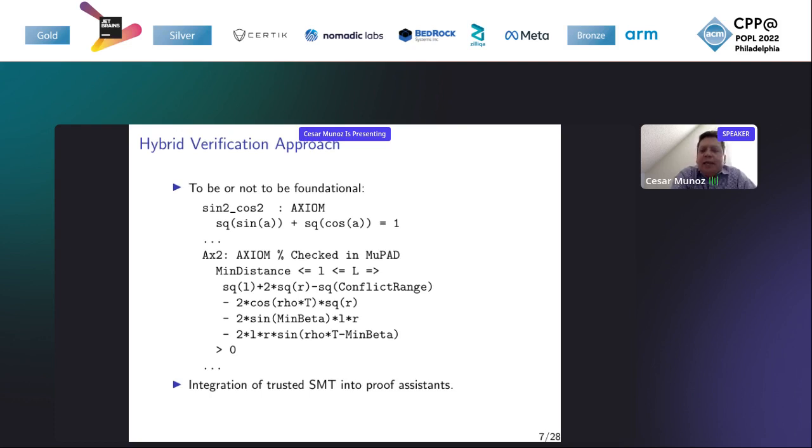And then the other aspect of hybrid is that we started to mix trusted and untrusted systems in our verification. We trust PVS, we don't trust MuPAD, but we needed these untrusted oracles in order to make progress, and we decided to do that. However, as SMT solvers were evolving, it was clear that it was necessary to integrate them into PVS.